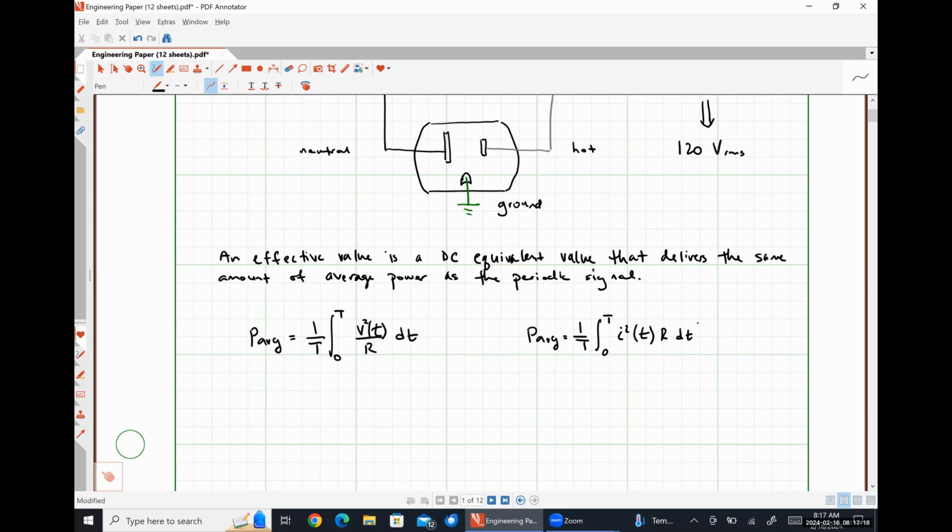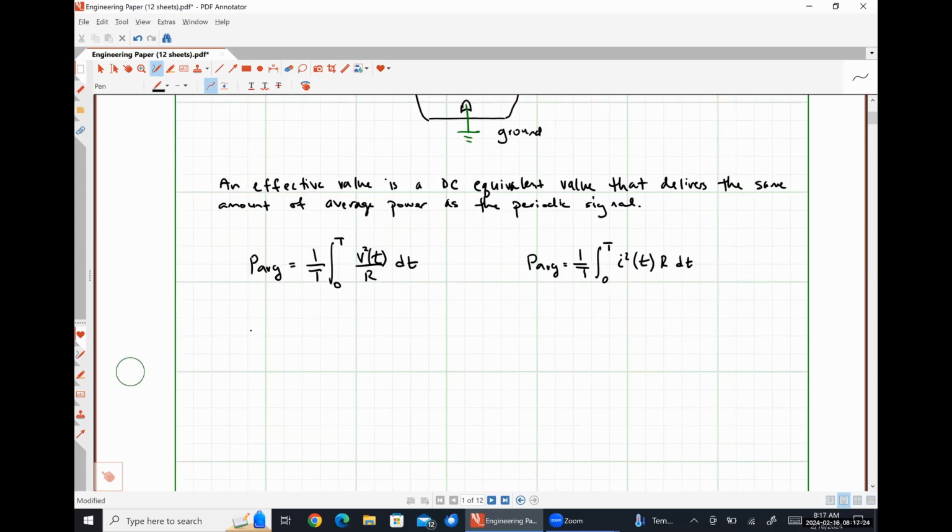Now we're going to talk about what the average power would be for a DC signal. So for a DC voltage signal, our average power is just going to be the DC voltage squared divided by the resistor value. It's just a relationship that we came up with on the 3rd day of class, I think.